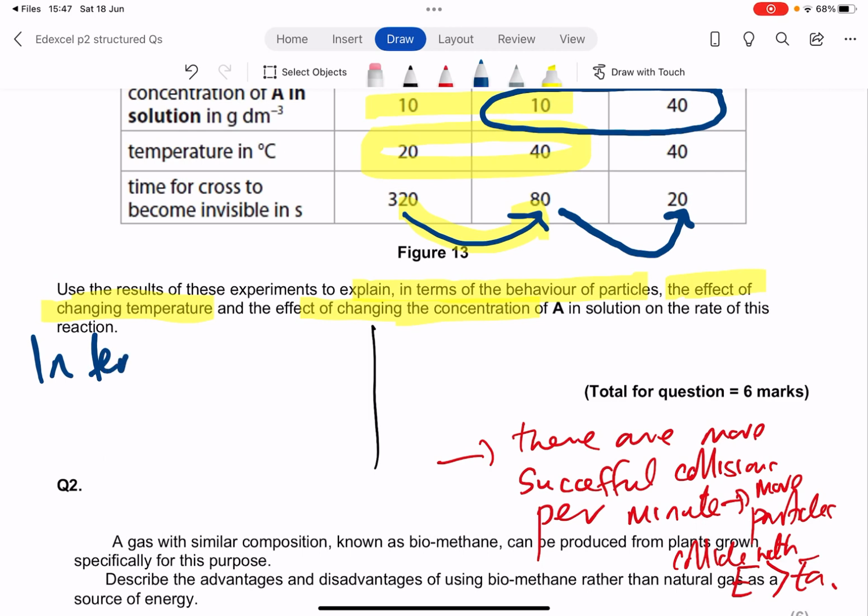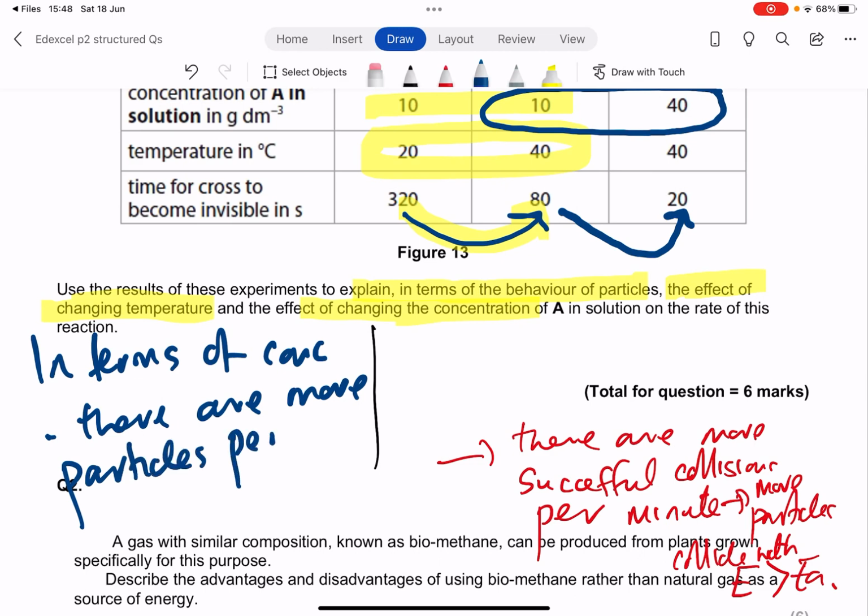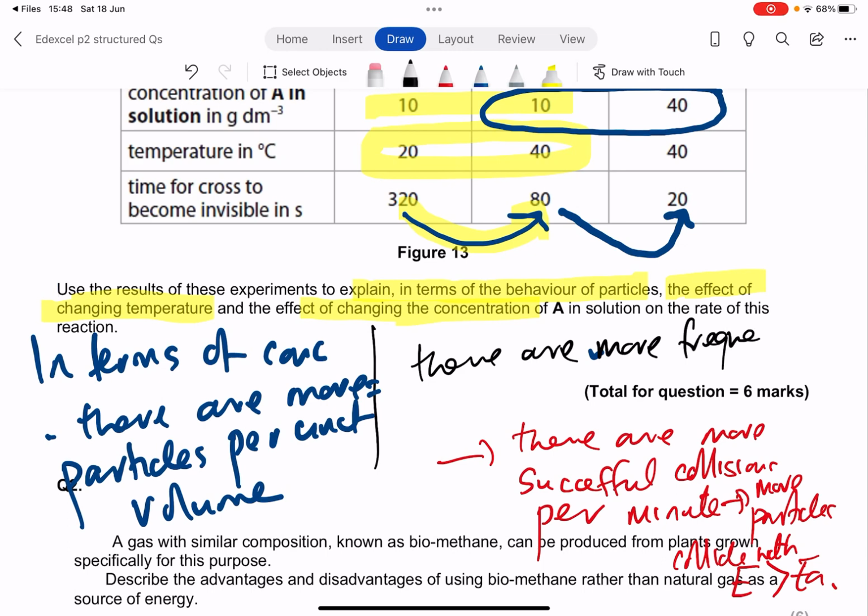In terms of concentration, when concentration increases, there are more particles per unit volume in the solution. Note the concentration has gone up 4 times. That means there are 4 times as many particles in this solution. So there are more frequent collisions.